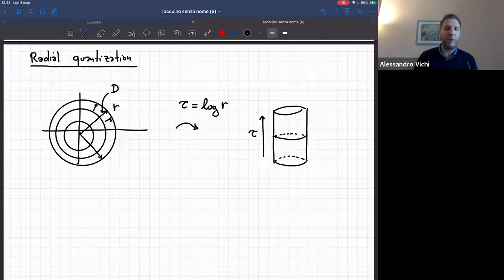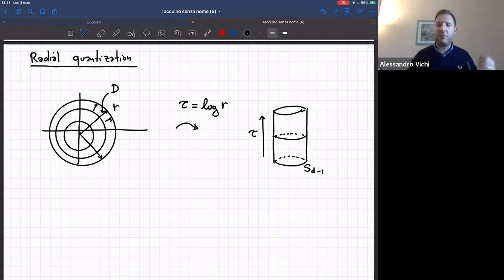So it looks more familiar to what we are used to, except that the only difference is that now the space, which in this case is just a circle, but generically is a sphere of dimension d-1, is compact. This is very similar to a quantum field theory on a compact space.